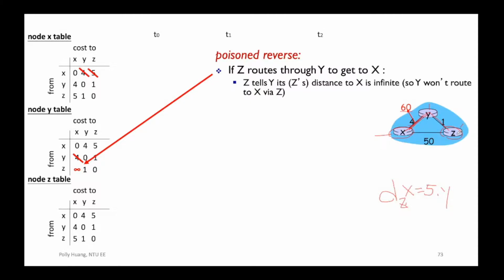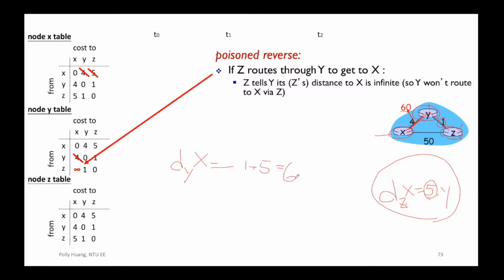As a result, Z will be telling Y, hey, this is the shortest distance from me to X. And that's why in quiz 35, when we calculate the shortest distance from Y to X, we ended up having this, right? Because Z is a neighbor of Y, link cost is only 1, and Y is being told by Z that 5 is the shortest distance to X, therefore we do 1 plus 5, and we end up having 6 here.